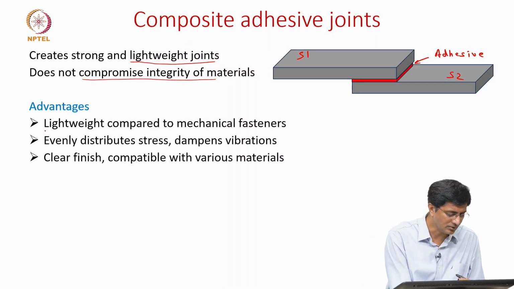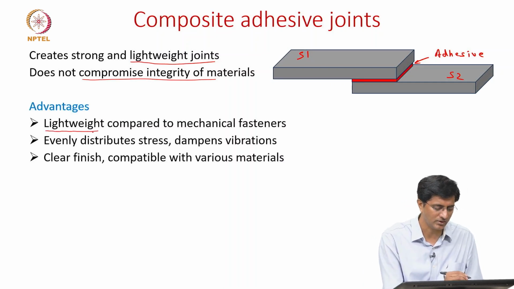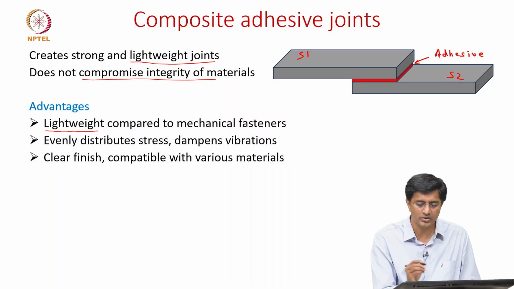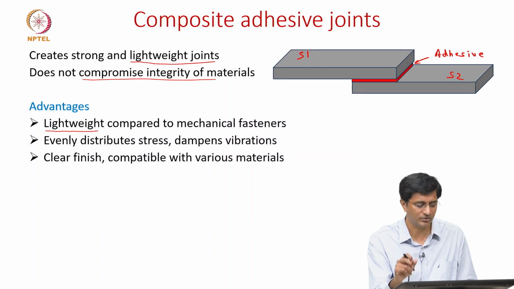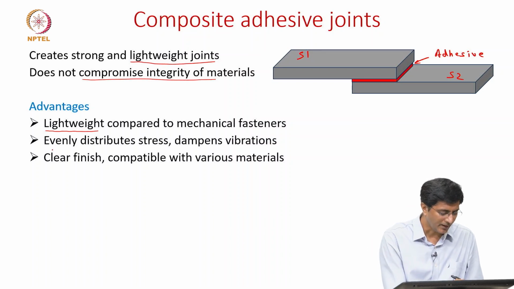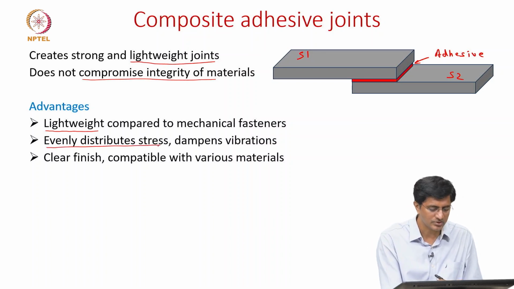So we already mentioned these are lightweight. Why are these lightweight? Because we said we avoided using the extra metals like bolts, pins, or rivets. Instead, we are using this polymeric material which is lightweight, and it evenly distributes the stresses.